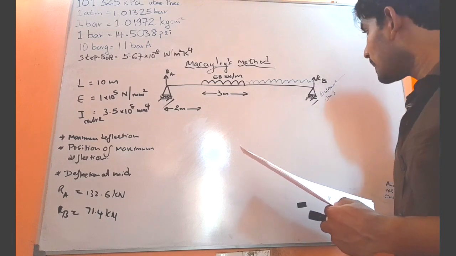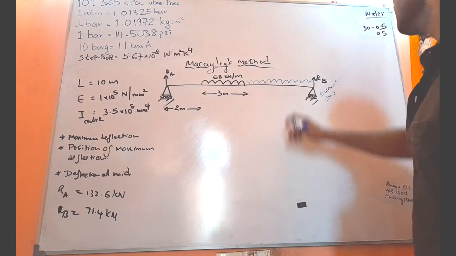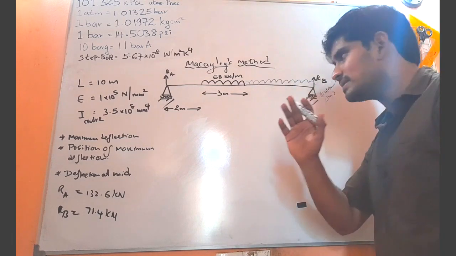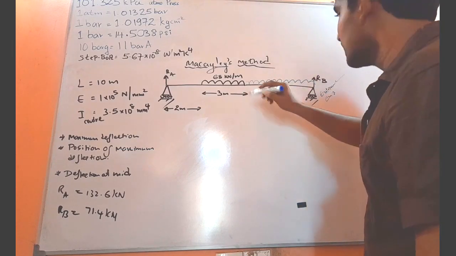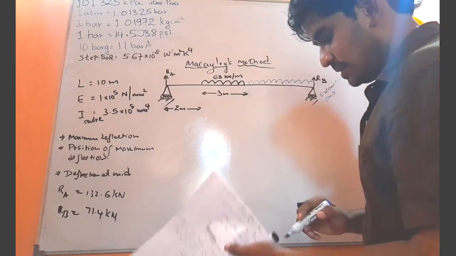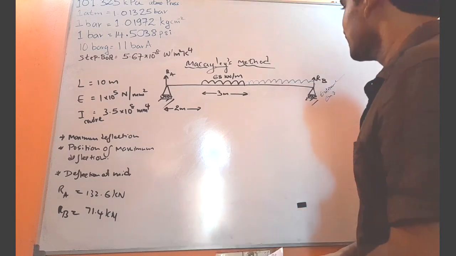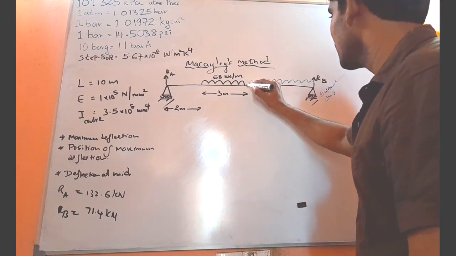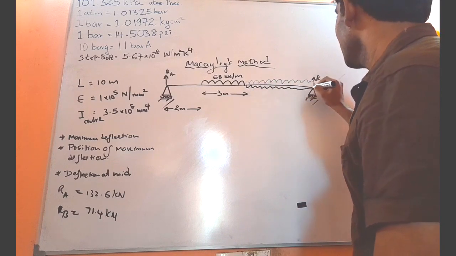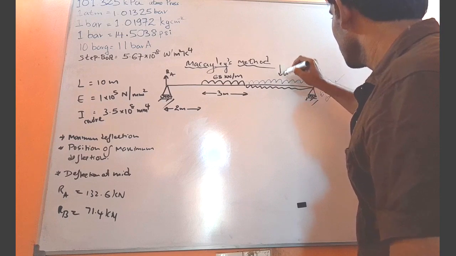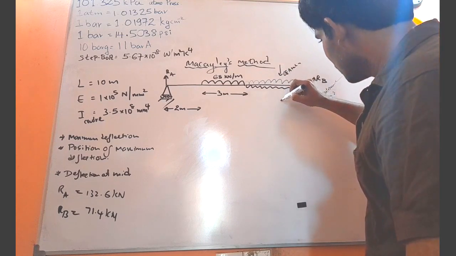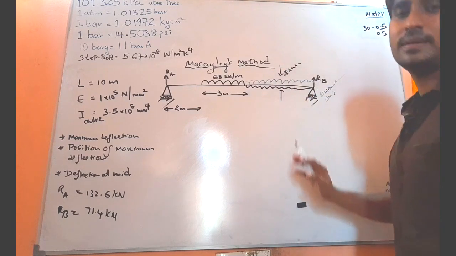This is something we have added from the top. In order to balance that, we add the same thing from the downside also. Why? Because we cannot harm the original structure. So 68 kilonewtons per meter added from the top, and then added from the bottom side also. That is the way.